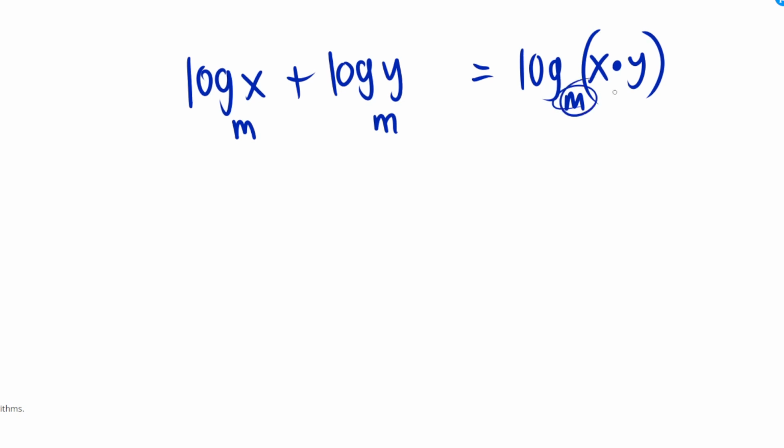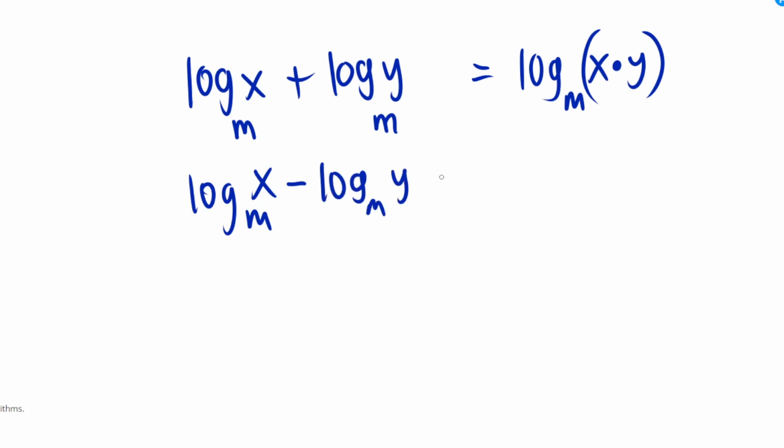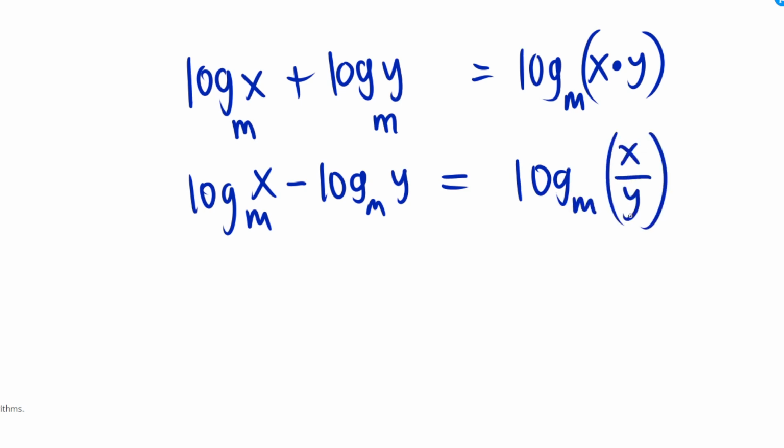They need the same base. Log base m to the x minus log base m to the y is the same as log base m to the x divided by y. These are really great to have in your notes, so I recommend if you haven't yet, write them down.